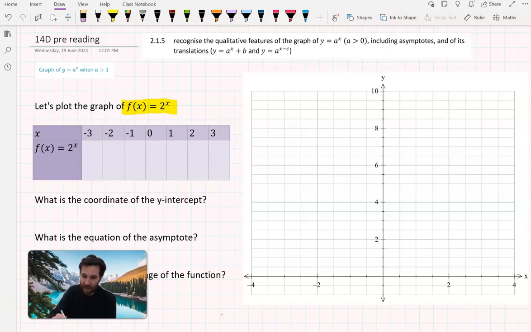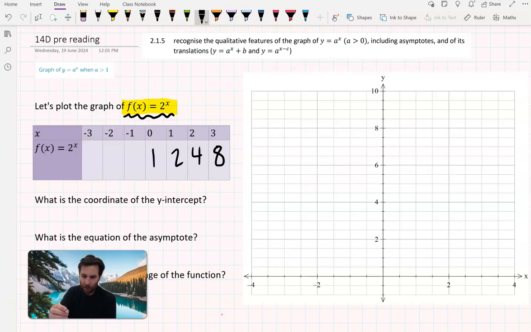If we start off with 0, 2 to the power 0 is equal to 1, because anything to the power 0 is 1. 2 to the power 1 will give us 2, then 2 to the power 2 will give us 4, and 2 to the power 3 will give us 8. And because we've got f of x equals 2 to the power x, if we carried on by increasing our x values by 1, it would be doubling each time. So 8, then 16, then 32, and so on.